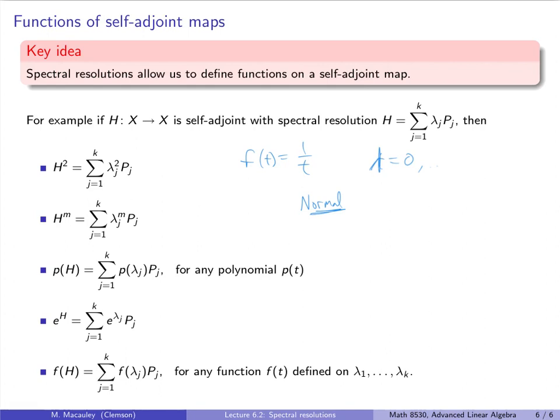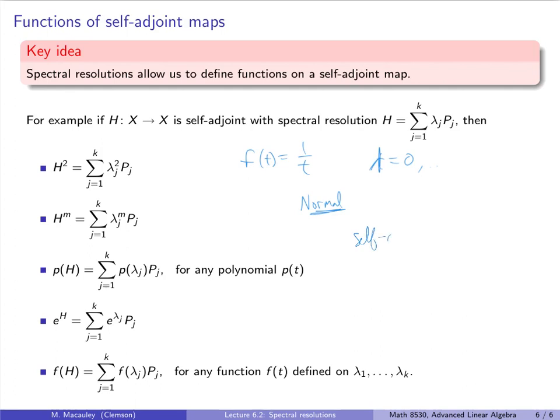There's normal subgroups, normal maps, normal vectors, etc. But to motivate what these are about, notice that one of the key properties of self-adjoint maps is that they have an orthonormal basis of eigenvectors. So a lot of things we've proven don't really depend on the self-adjoint property as much as the orthonormal basis property. And self-adjoint maps are not the only class of maps we've seen that have this property.